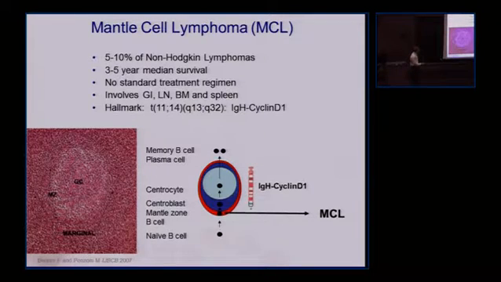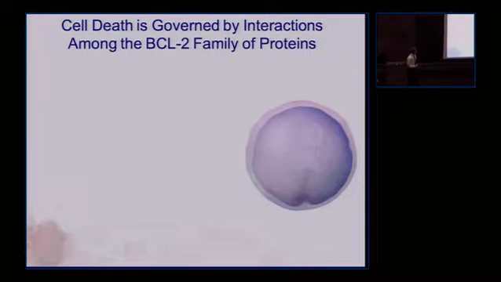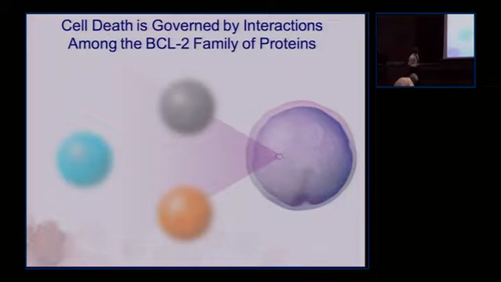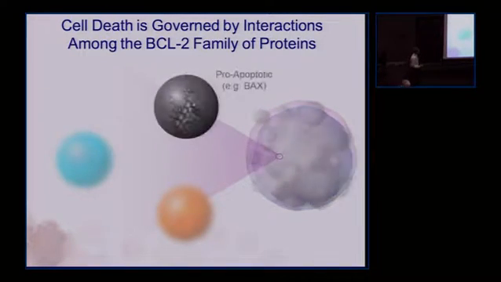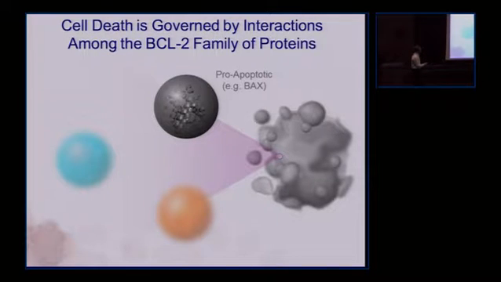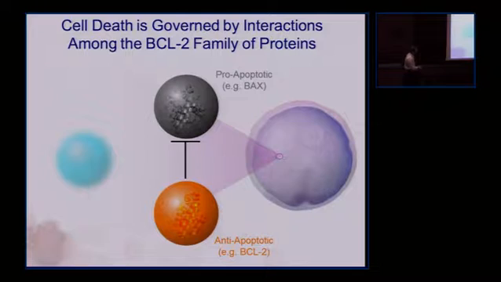Now, while this was being cloned out around the same time, a second translocation in follicular lymphoma was also being cloned out, and that led to the identification of BCL2. And from that came a large family of BCL2 proteins, which can be broken up into 3 groups. There are multi-domain pro-apoptotic members like BAX, which are held in check by multi-domain anti-apoptotic proteins like BCL2 through direct interaction and binding.